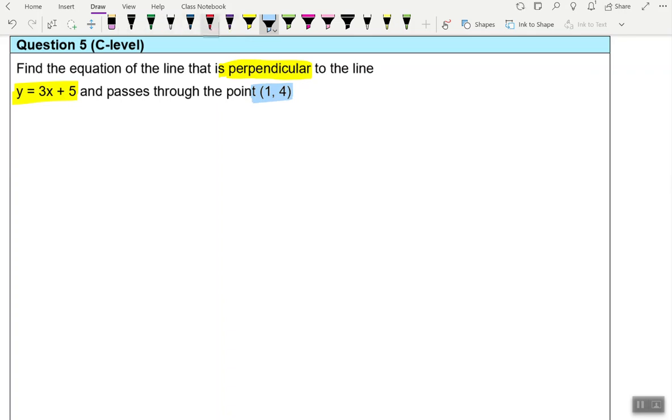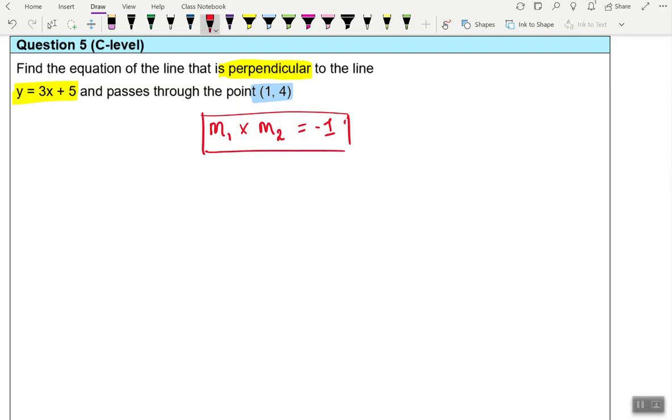Alrighty, so first thing we need to know to be able to solve this is that if it's perpendicular, the two equations' gradients, if we multiplied them, I'll call the first equation's gradient m1, second one m2, they should equal negative 1. That's an important piece of information that you need to know.